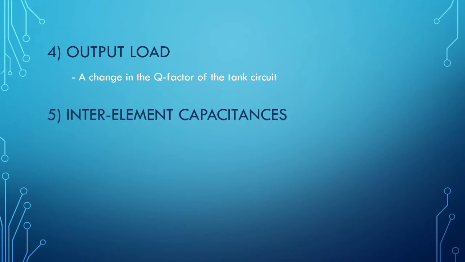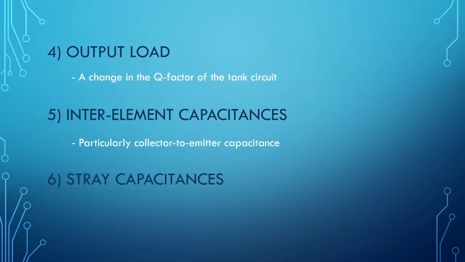The next factor is inter-element capacitance. Any change in the inter-element capacitance of a transistor, particularly collector to emitter capacitance, causes change in the oscillator frequency and thus affects the frequency stability. The last factor is stray capacitance.